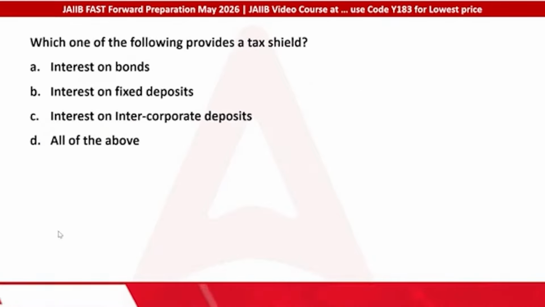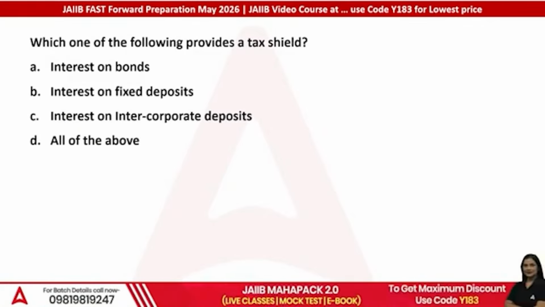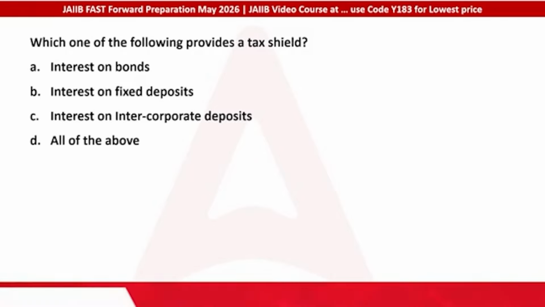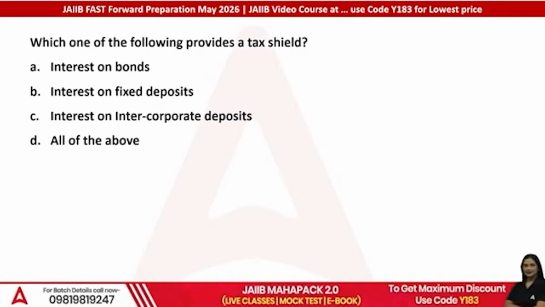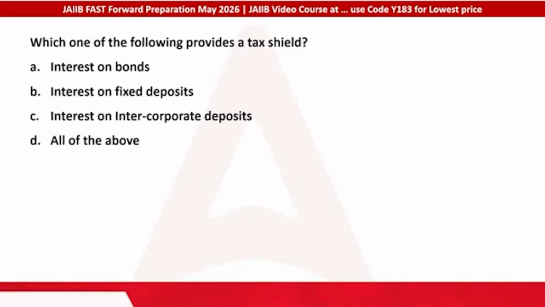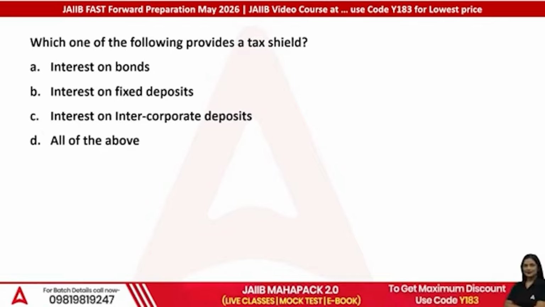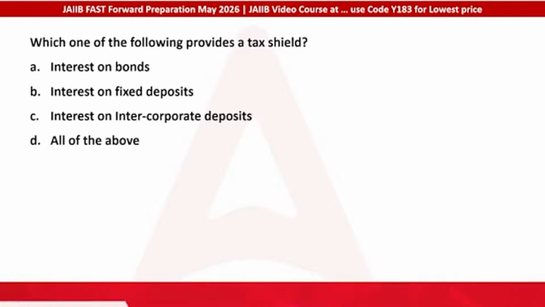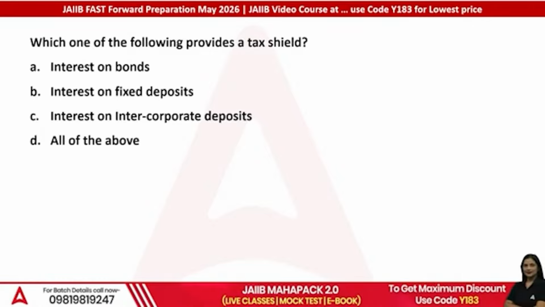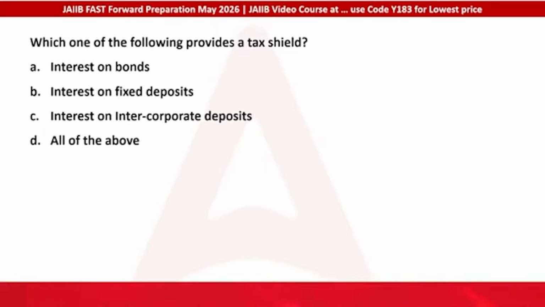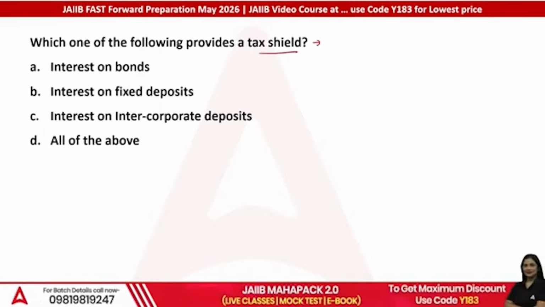Then, which one of the following provides a tax shield? Interest on bonds, interest on FD, interest on intercorporate deposit, or all of the above? See, tax shield means saving of tax.